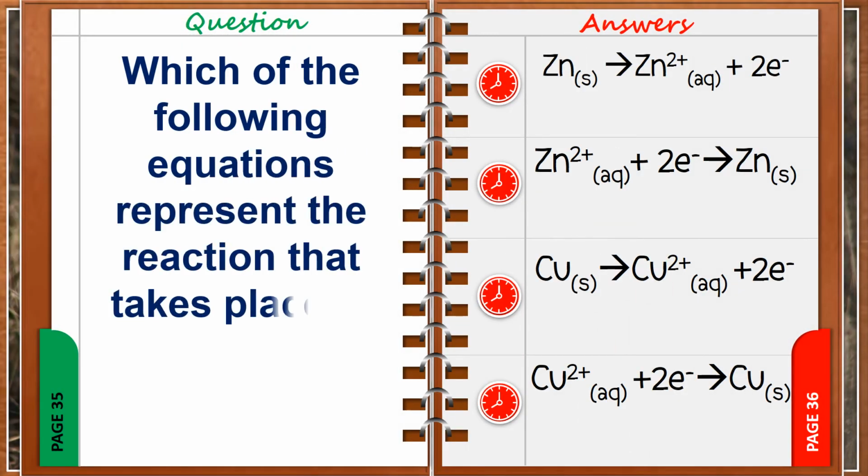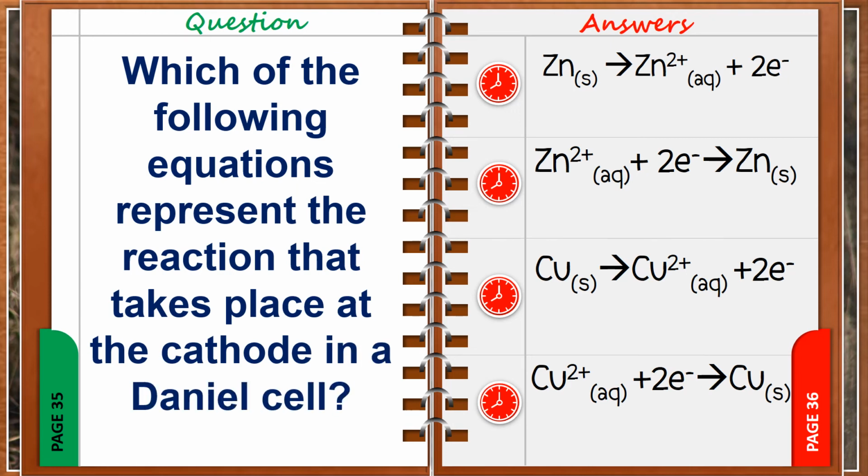Which of the following equations represent the reaction that takes place at the cathode in a Daniell cell? Copper 2 ions plus 2 electrons to give copper solid.